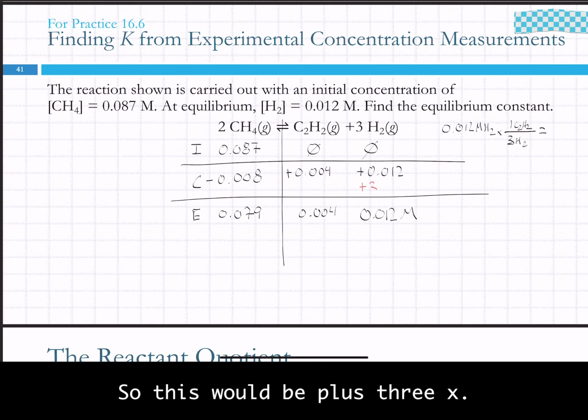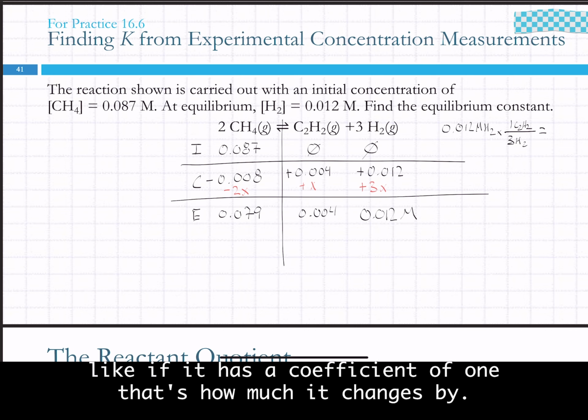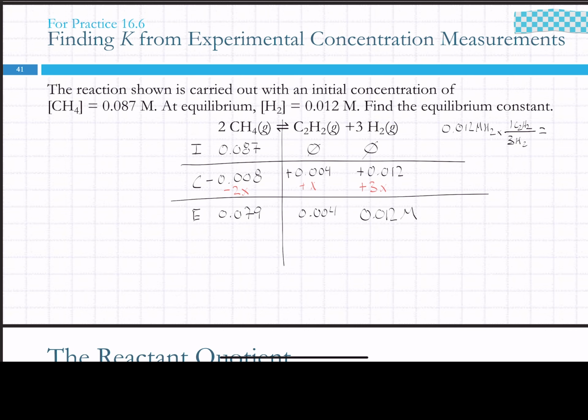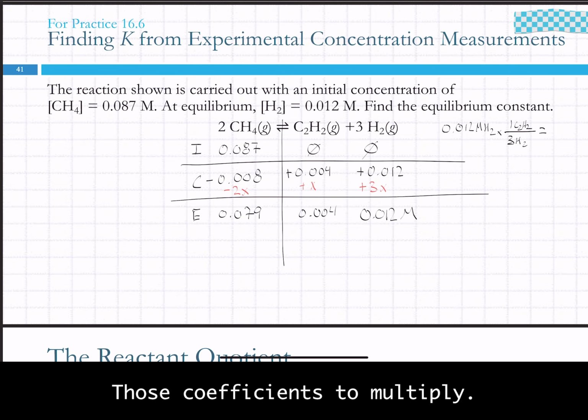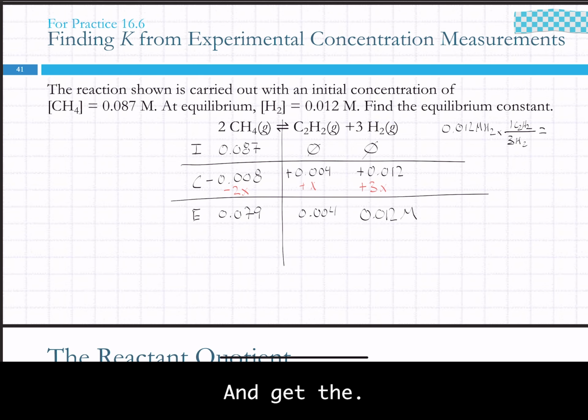So this would be plus 3x. This would be plus x. This would be minus 2x. So x is, if it has a coefficient of 1, that's how much it changes by. And then we multiply by those coefficients to get the amount it changes by.